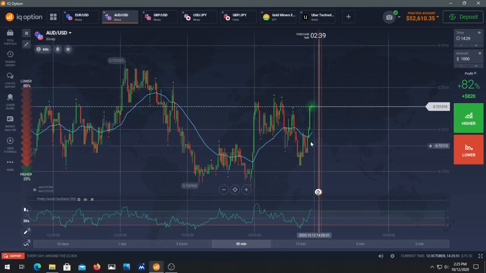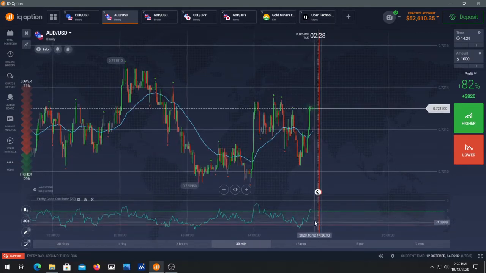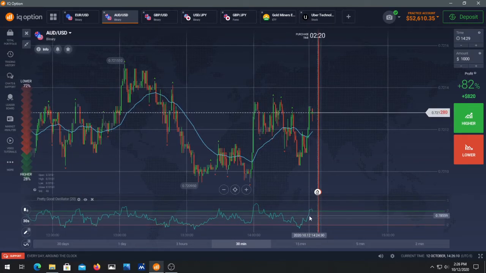So it's above this line here, which is saying it's bullish for the time being. But the principle that we're using here is whenever it crosses this line heading up, we're going to buy, and whenever it crosses this line heading down, we're going to sell. So it has already crossed this line going up.